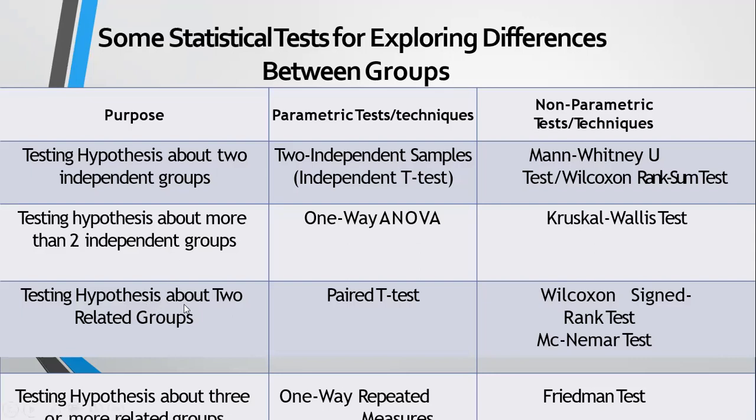And for testing hypotheses about two related groups, it only has one sample. So the keyword is before and after. So you are going to use the parametric paired t-test. Otherwise, you are going to use the Wilcoxon signed rank test.